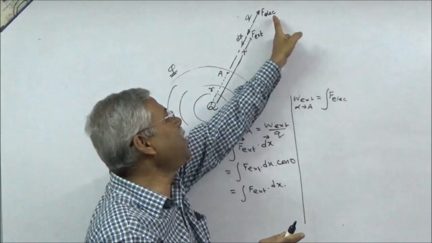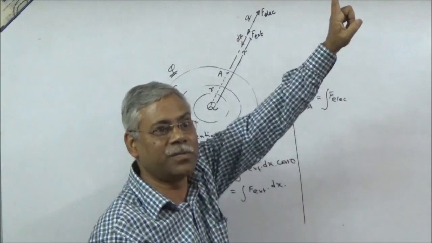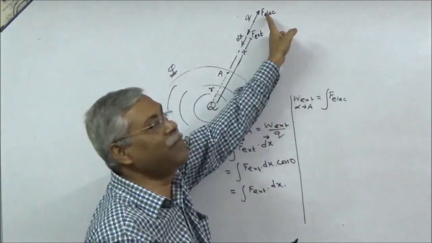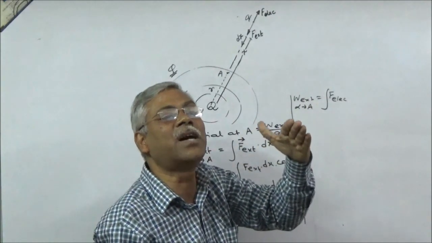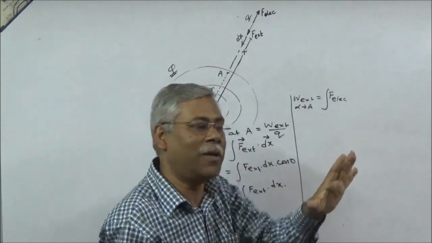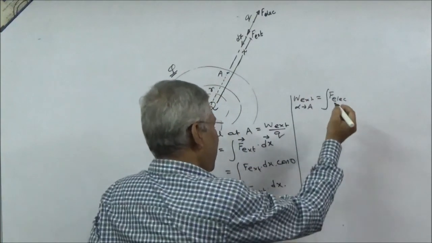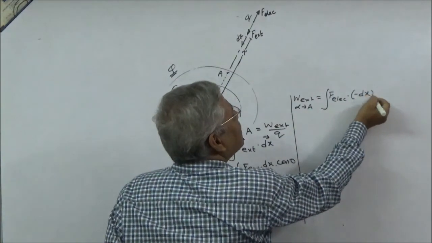If F electrostatic is greater than F external, there will be outward acceleration. If F external is greater than F electrostatic, there will be inward acceleration. But you are bringing the charge slowly, which means the two forces are always equal. Okay, so F electrostatic into minus dx.